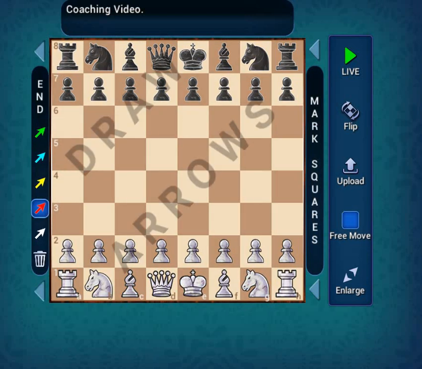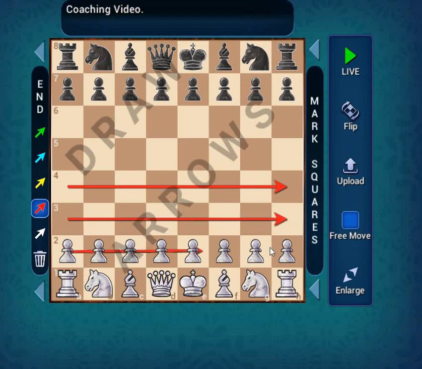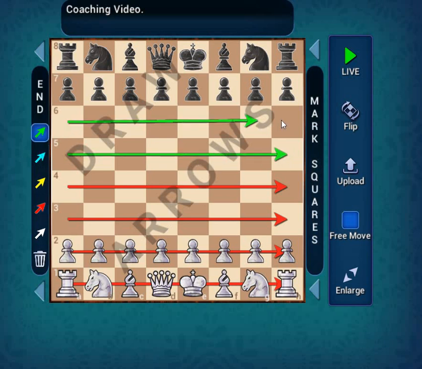Or to be more specific, I'm going to just draw a few red arrow marks, which represent the white side of the board, and similarly the green arrow mark which I'm drawing right now represents the black side of the board. Okay, that's very easy.